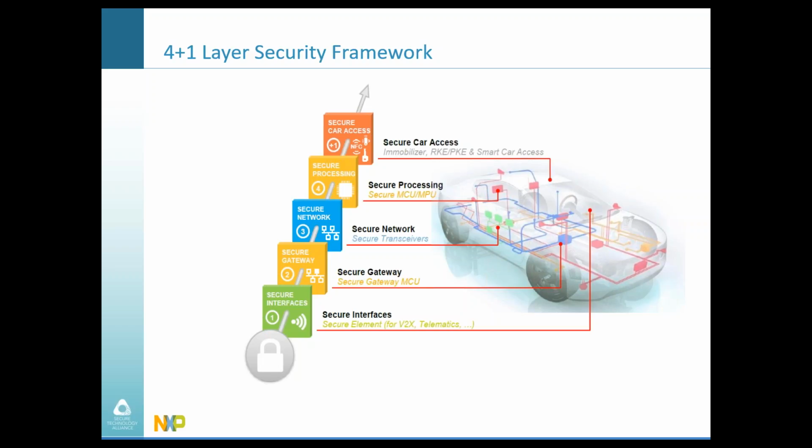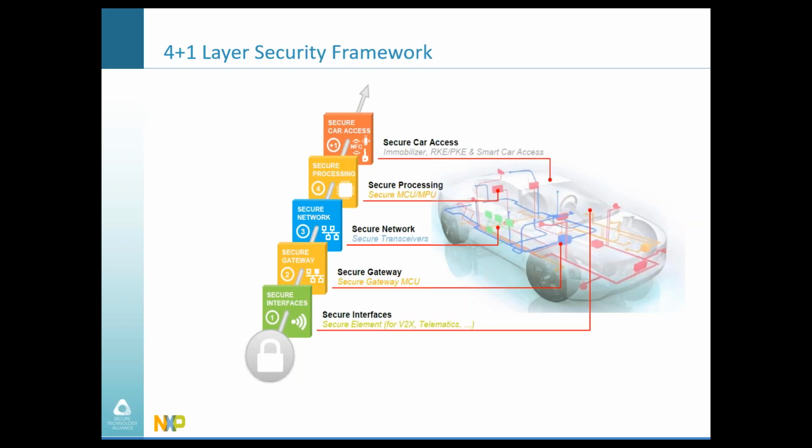The next layer would be secure processing, and that would address the various control units that implement all the features on the connected car, whether it's the driving, the infotainment, or the different reporting mechanisms that you would see on your dashboard.